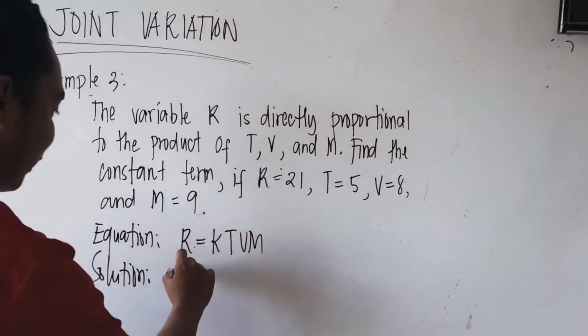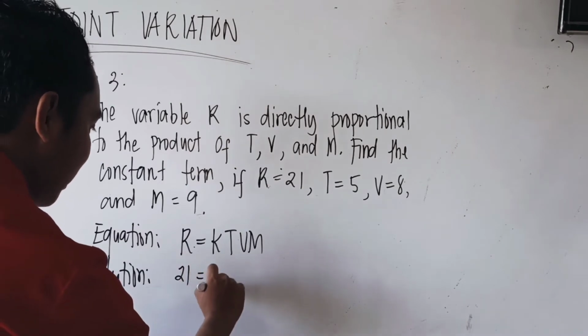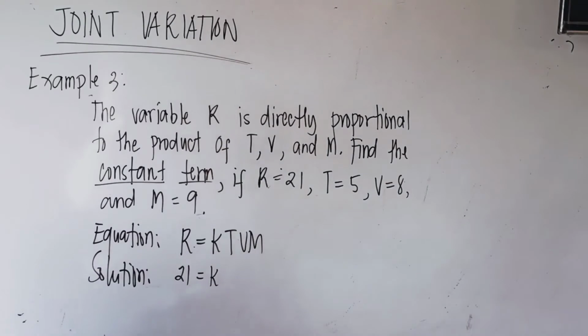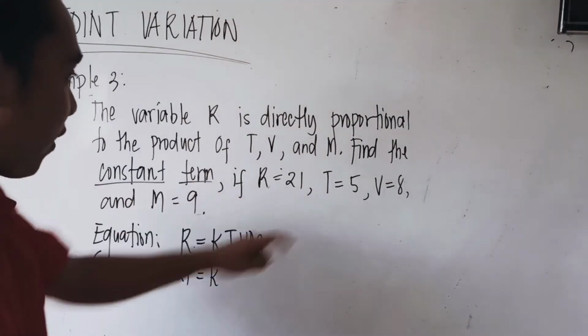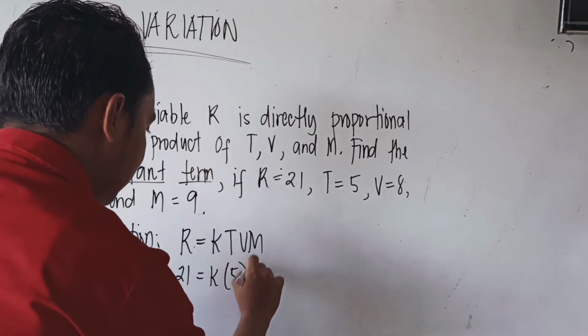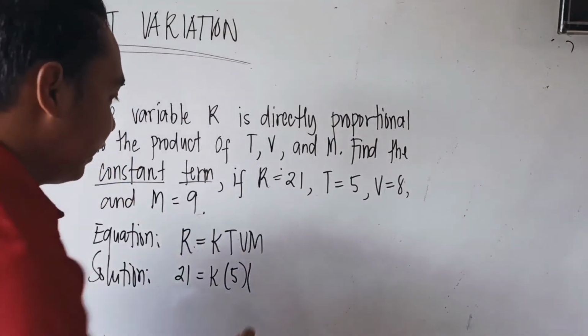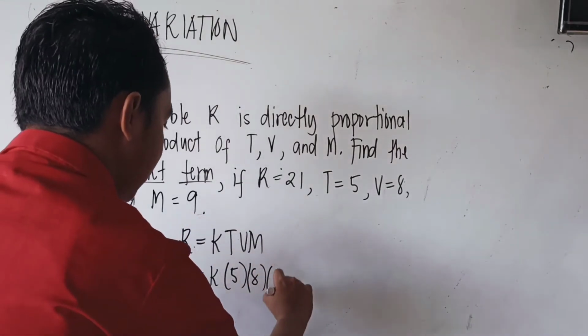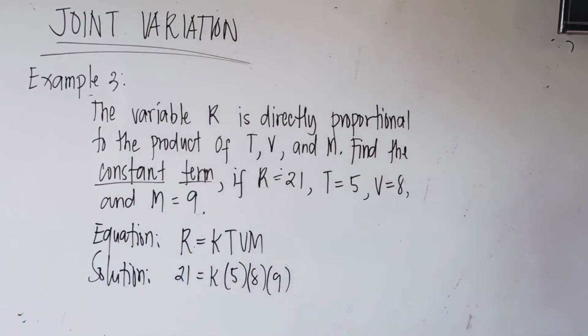R is 21 equals k. Take note, constant term yung hinahanap. So, ibig sabihin yung k po yung hinahanap natin sa problem na to. So, t is 5, v is 8, and then m is 9. So, substitution lang muna tayo.